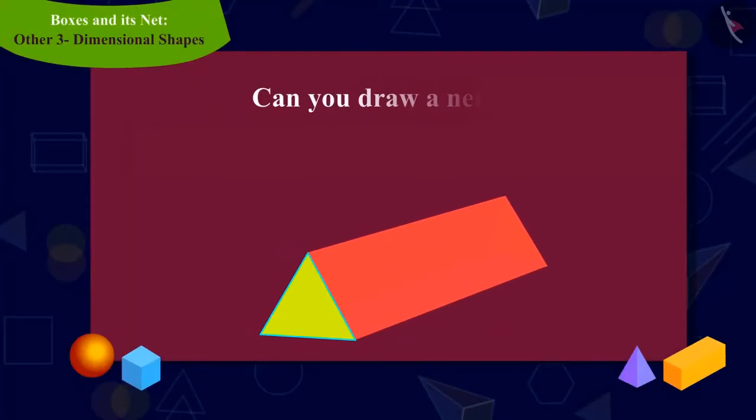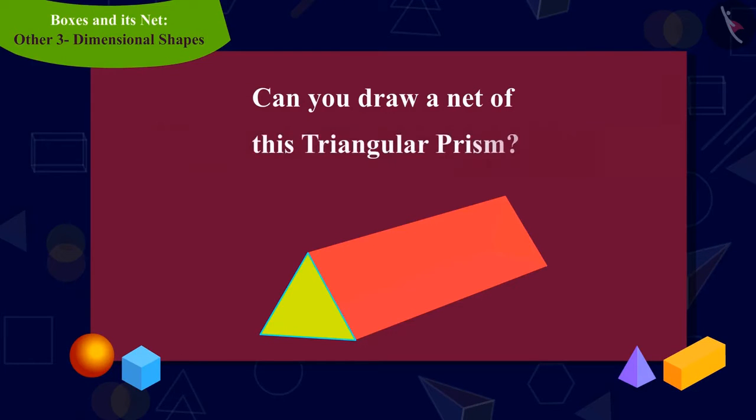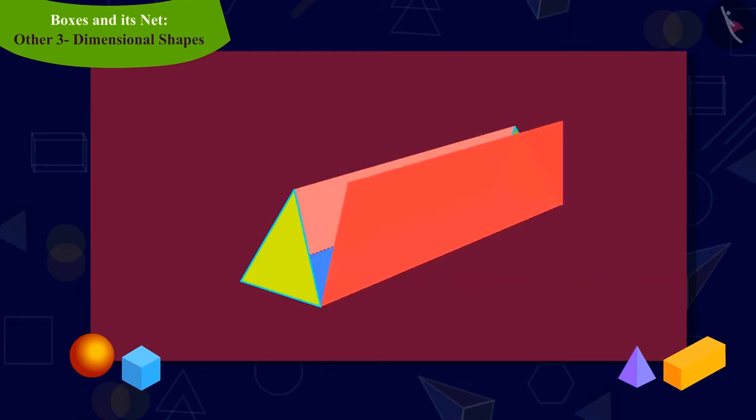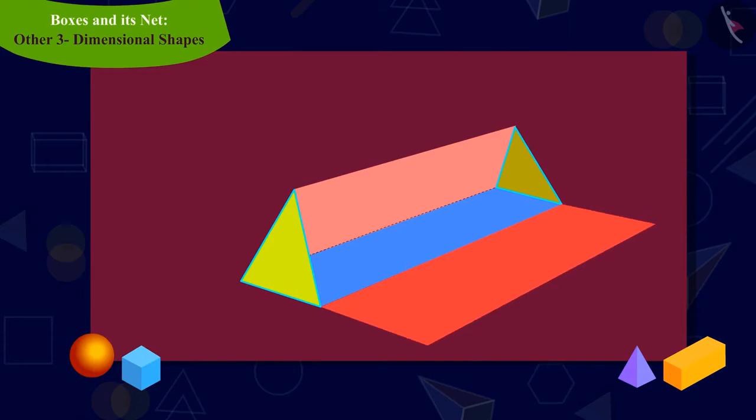Can you draw the shape of the net of this triangular prism? To do this, come, let us open the prism. In this way, by opening the right rectangular face, we can begin to draw the shape of a net.